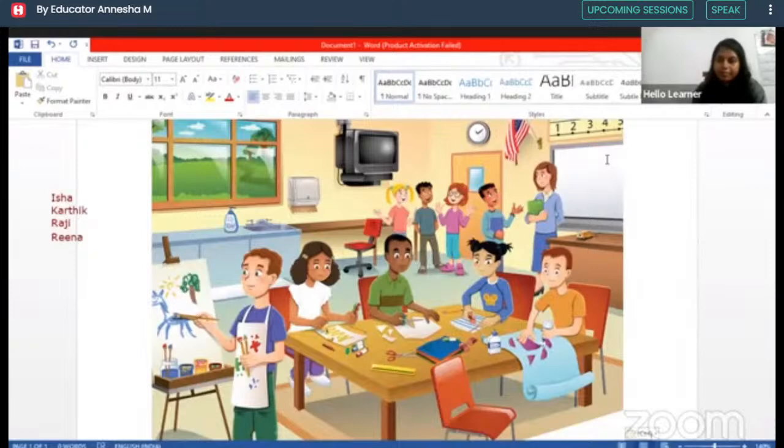We never listened to the art teacher. So you can see a kid is painting some animals. He is drawing a picture of a giraffe on the canvas, and he has kept some glasses with water and colors. That's it, ma'am.